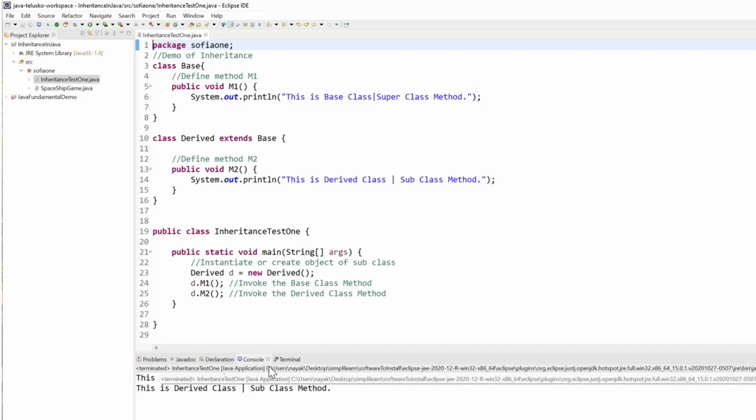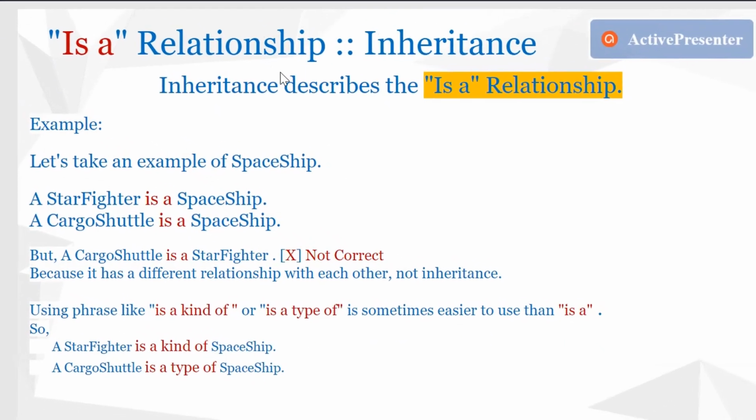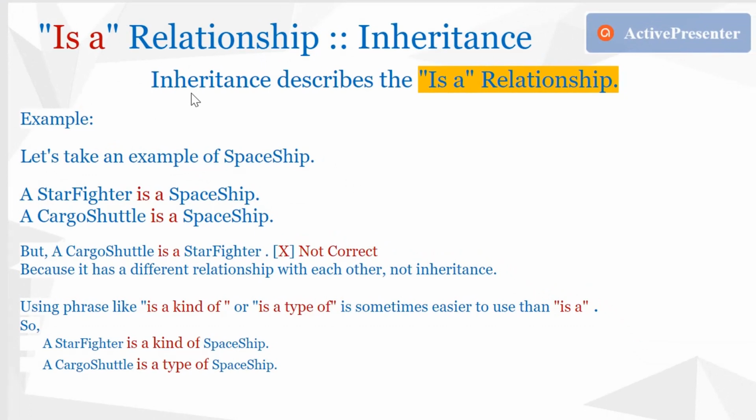Now let's see what is next. The is-a relationship. Inheritance describes the is-a relationship. Here I take the example of a spaceship. The spaceship is the superclass, and I took two names, Starfighter and Cargo Shuttle.